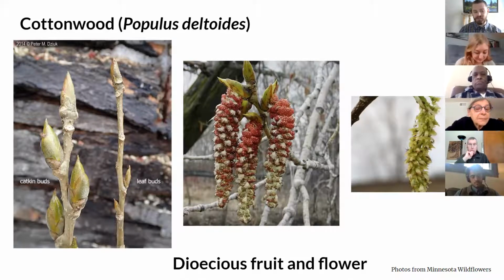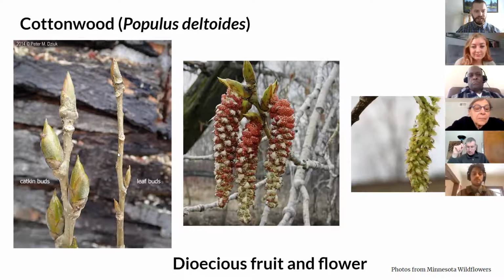Oftentimes these buds already have fallen off, and the twigs we're finding are from the previous season before buds began to regrow. I find cottonwood buds on the ground sometimes, but less often than most other trees. And that's because cottonwoods have this really interesting behavior, and I think they share it with some other poplars, of just dropping their branches when they're no longer needed.